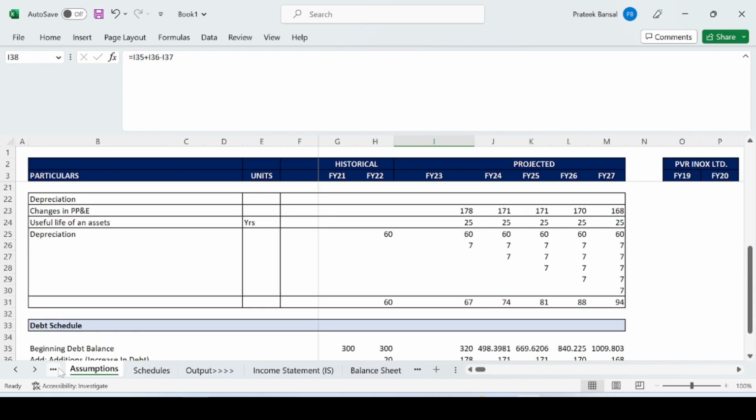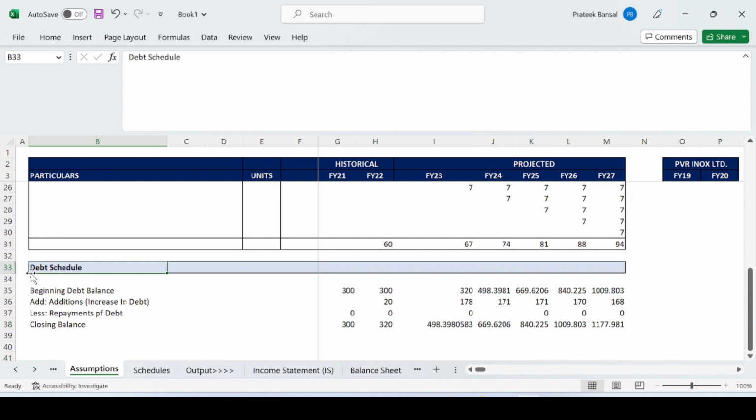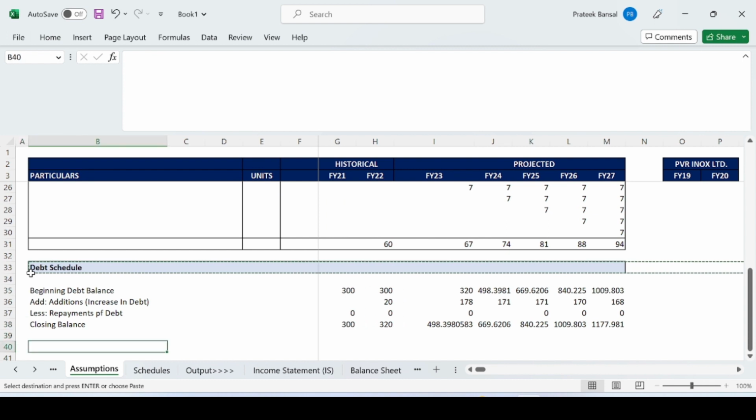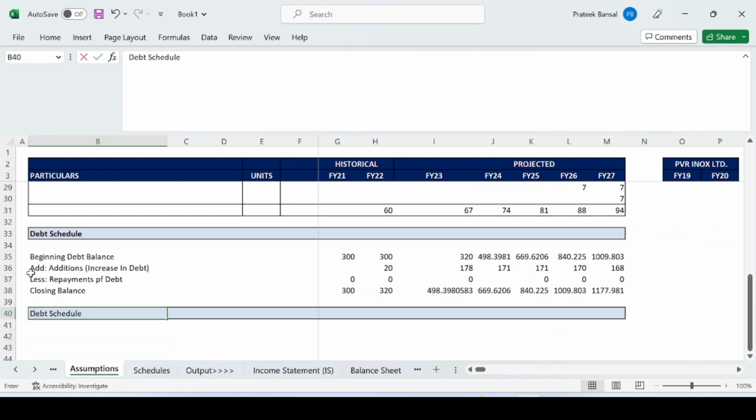For the OCL, what we can do is go to the assumption tab and make drivers for that as well, and we can write here balance sheet drivers, other current liabilities as a percentage of revenue.